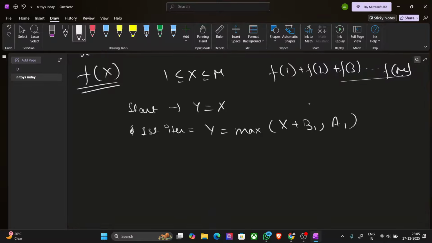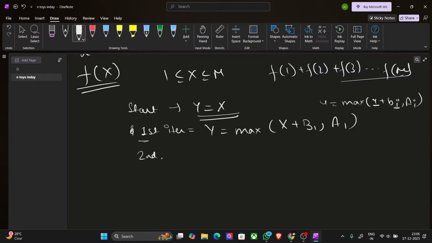As my formula was y equals max of y plus bi comma ai. Currently y is x and my iteration is first, so x plus b1 comma a1.